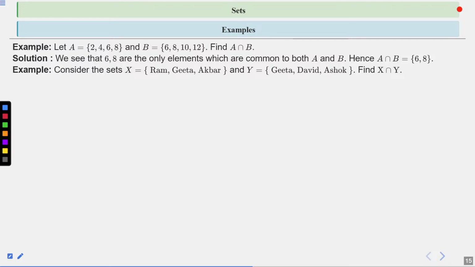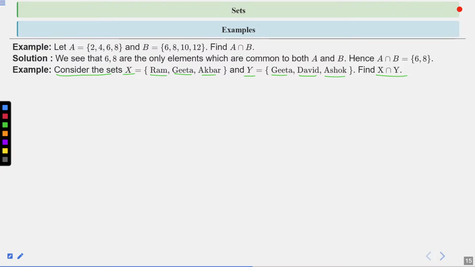Another example. Please also answer this. If you have set X with elements Ram, Geeta, Akbar and Y with elements Geeta, David, Ashok, then find the intersection X intersection Y. So, you have to collect common elements from both these sets.